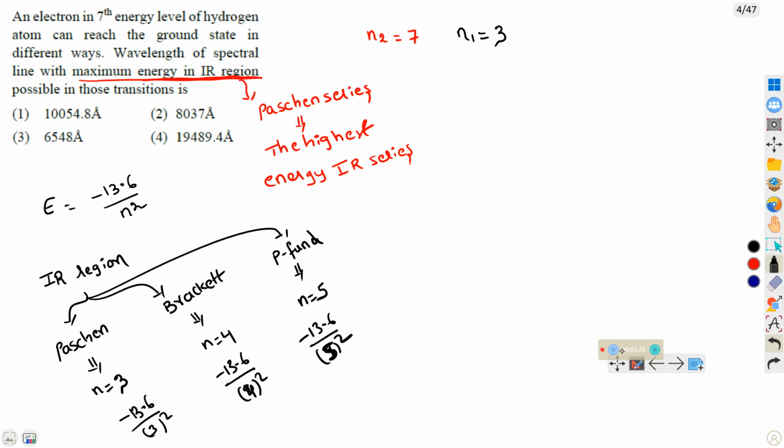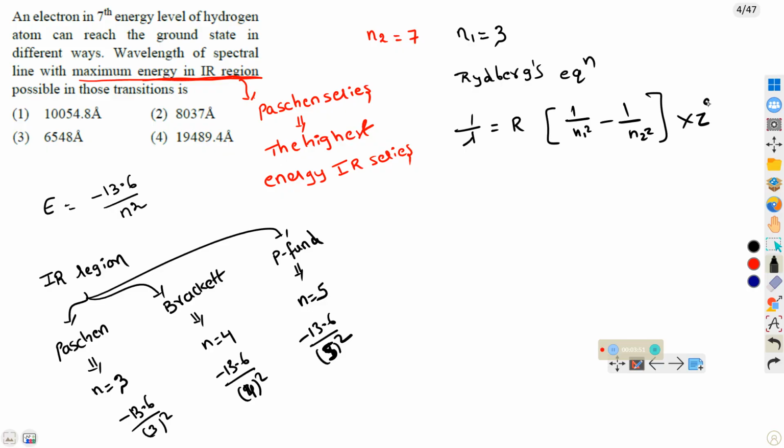Now, what is the question? Possible in those transitions is the wavelength. Wavelength is calculated by using Rydberg's equation. According to Rydberg's equation, 1 by lambda is equal to R into 1 by n1 square minus 1 by n2 square, into Z square. For hydrogen atom, the value of Z is equal to 1. Substitute R into 1 by 3 whole square minus 1 by 7 whole square.